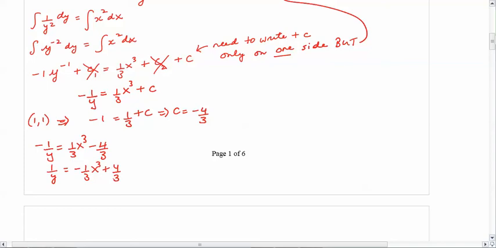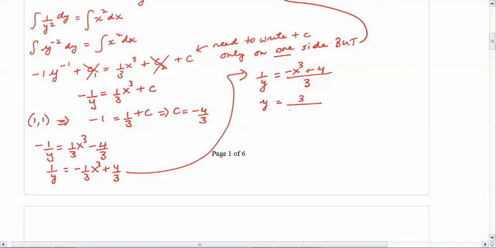So the way to handle this, probably most simply, is to rewrite the right-hand side as a single fraction, which isn't hard. We have a common denominator of 3, and I've got negative x cubed plus 4. Now I've got one fraction equals another fraction, so their reciprocals are equal. And the right-hand side then is 4 minus x cubed.